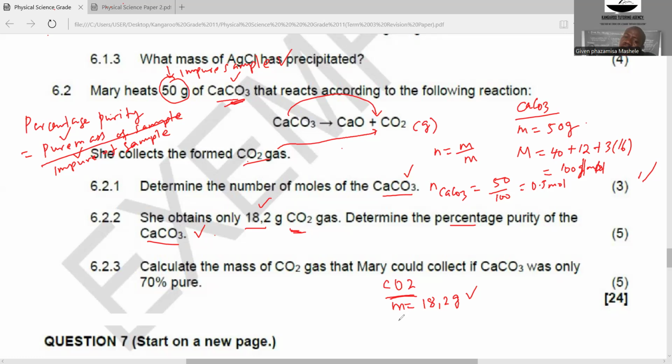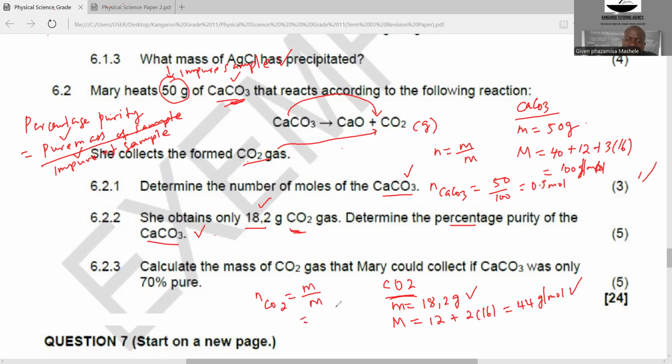Now we're going to calculate the molar mass of carbon dioxide. This will be 12 plus 2 times 16, which is 44 grams per mole. So we have to find the number of moles of carbon dioxide. The number of moles is mass over the molar mass.